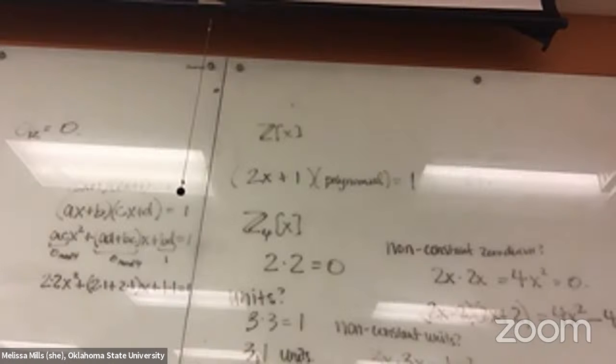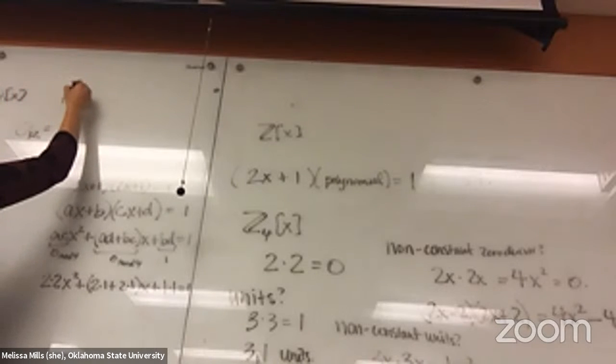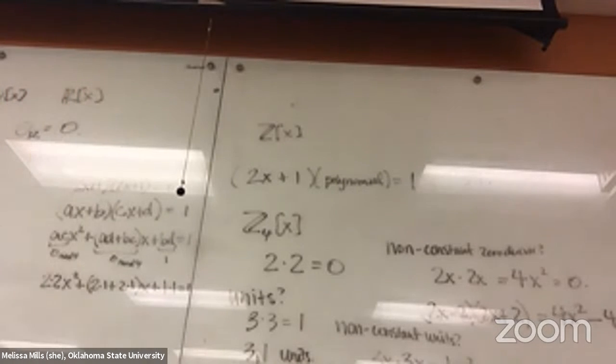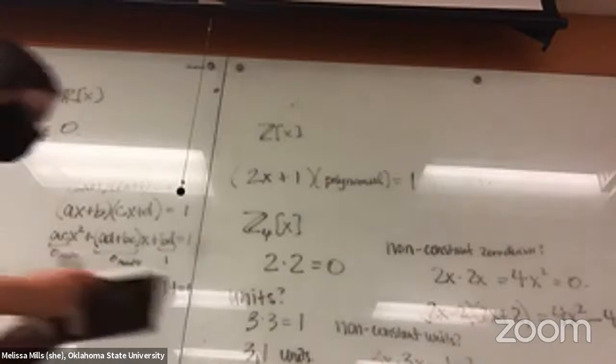And we could talk about Q adjoin x, and R adjoin x. So any of the rings that we have done up to this point, we can do that ring adjoin x and get a polynomial ring over that ring. Okay, all right, so let me define a polynomial ring.